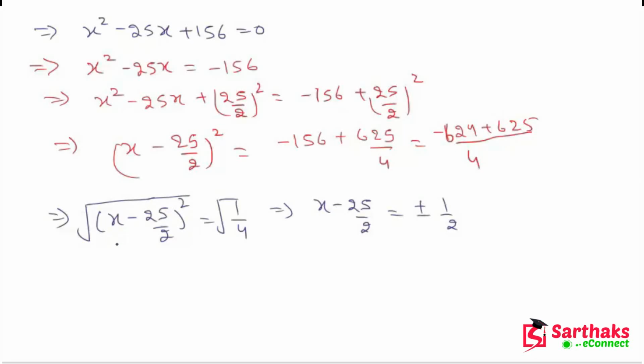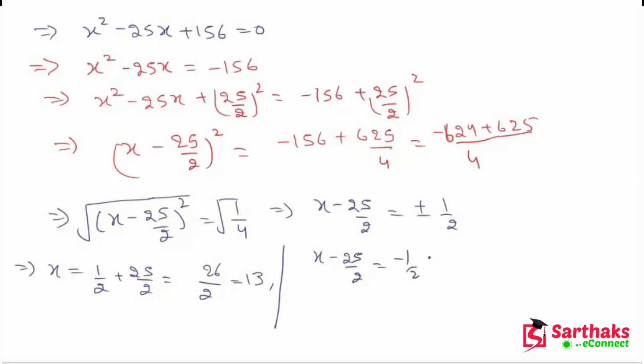Okay, my dear friends. Now take the positive part first. So we get x is equal to 1 upon 2 plus 25 upon 2. So this will give 26 upon 2. And if we take x minus 25 upon 2 is equal to minus 1 upon 2, then we have x is equal to minus 1 upon 2 plus 25 upon 2.